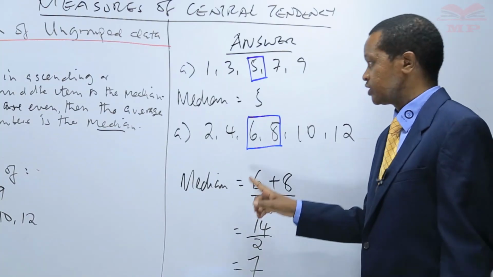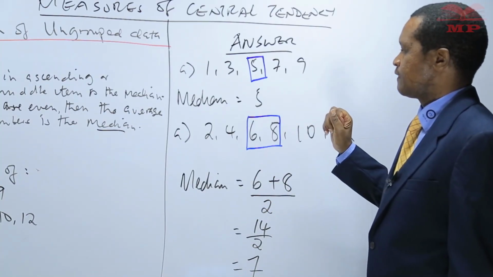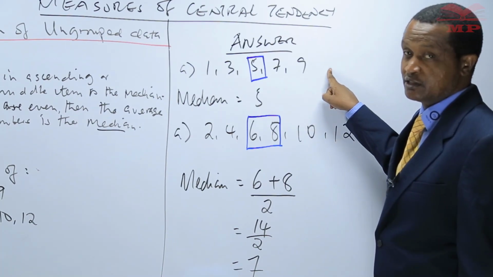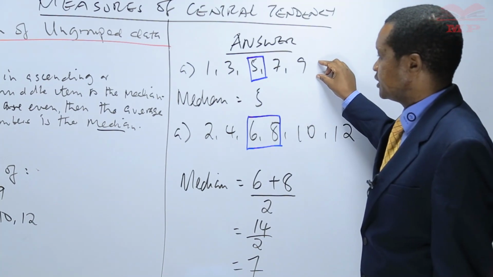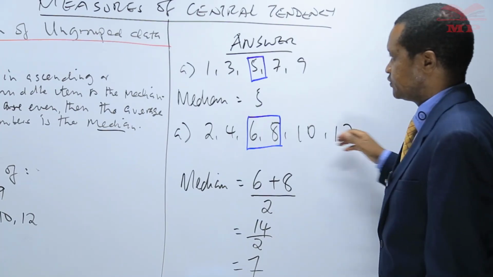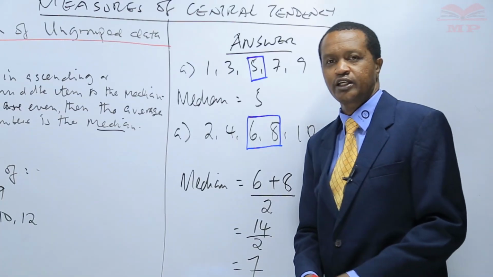So that is how to calculate the median of ungrouped data. The total values can either be an odd number or an even number, and we have seen how to calculate the median in both cases.